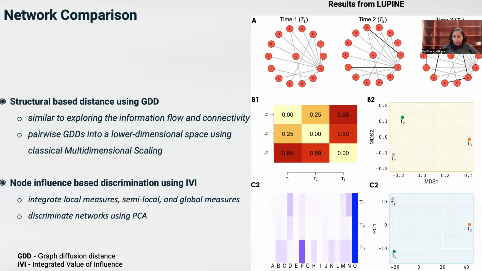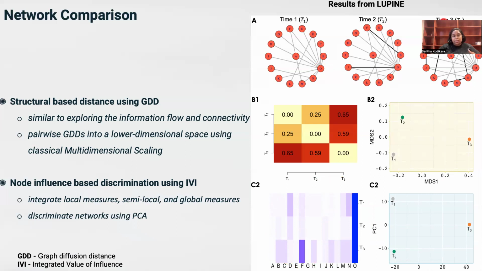Here, I have shown the IVI values for each node in each of the networks. What we can see is that node O is very influential. Node O is the one that was very connected to all the other nodes, and it is very influential across all 3 time points. What is also interesting is that F is much more influential at time point 3.